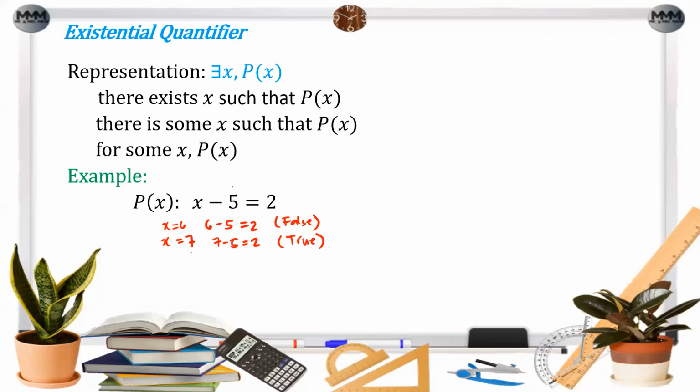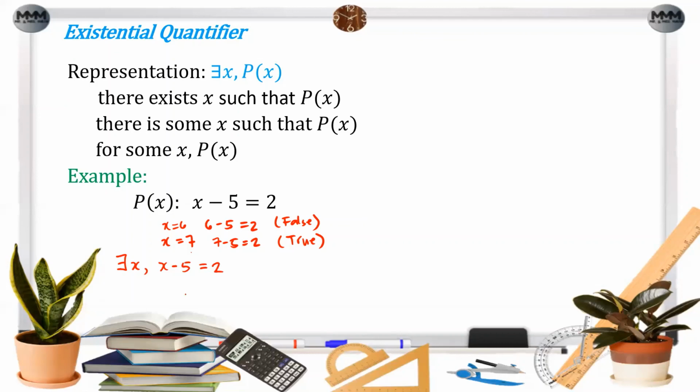There exists only a value of x, which is 7, such that this predicate becomes true. And that value is 7. Hence, we can write here, there exists x such that x minus 5 is equal to 2.